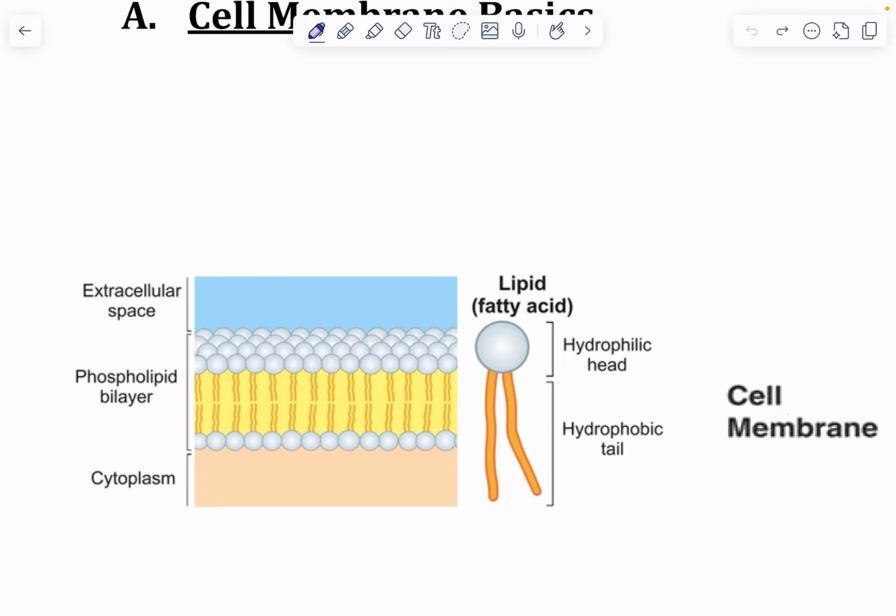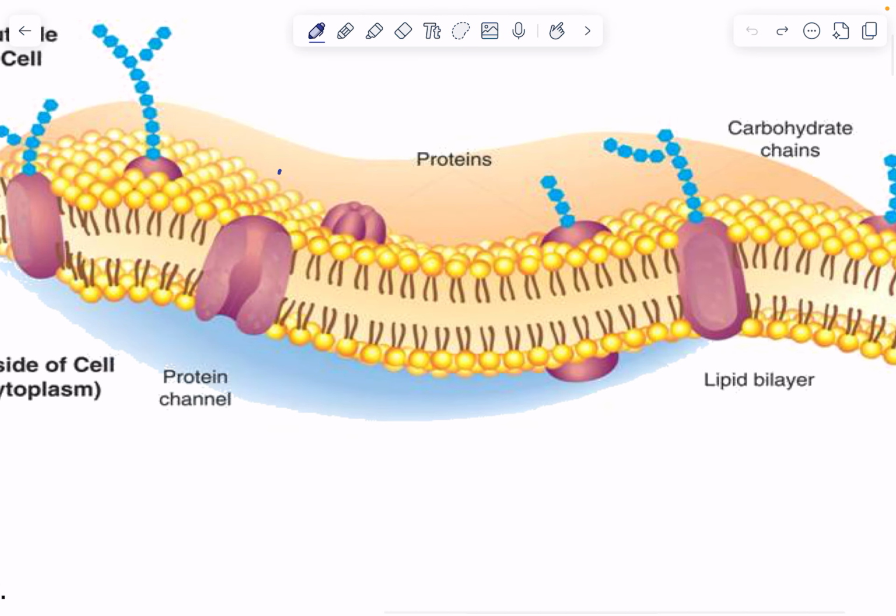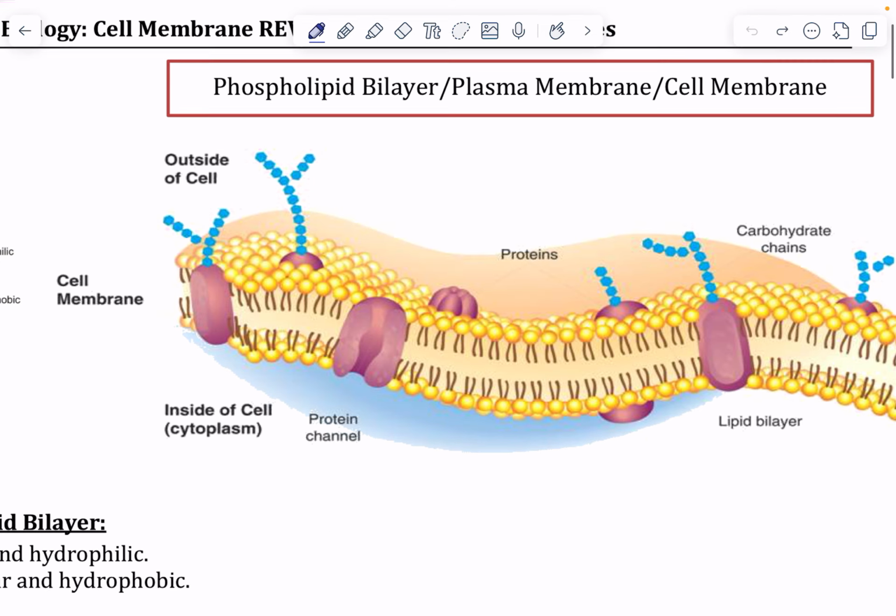And so we have certain channels that allow polar molecules to travel through the membrane without going through the no-go zone. We also have these other important parts of the membrane, the glycolipids, which have the carbohydrate chains.